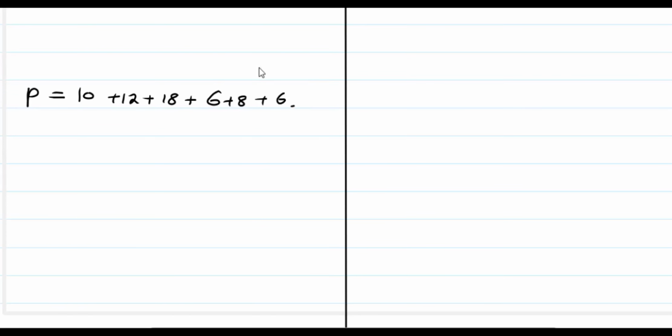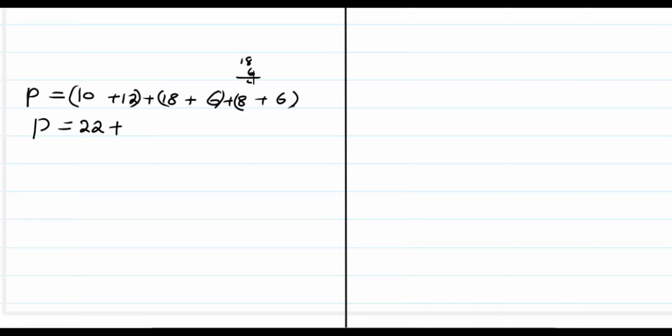And we said in these questions, they mostly test your speed in addition. So I can say P is equal to, we divide these numbers into 2 so that we can add quickly. So 10 plus 12 is 22, then plus 18 plus 6.